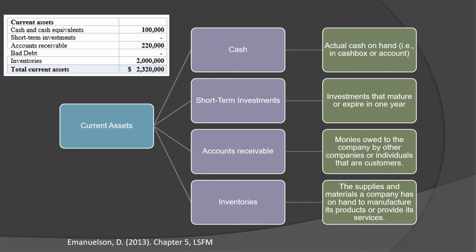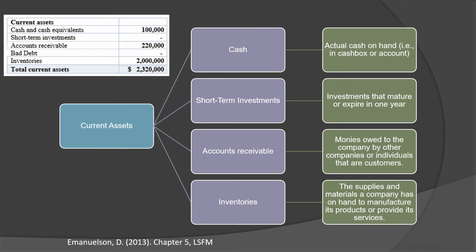So in this case, this is a fitness organization. You can see here that right now they have $100,000 in cash, so they can easily liquidate that if they have to pay for anything.